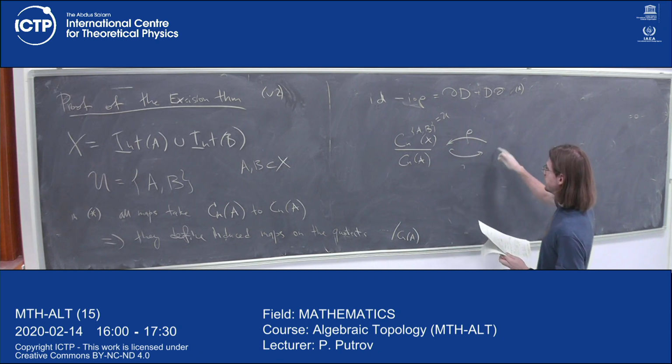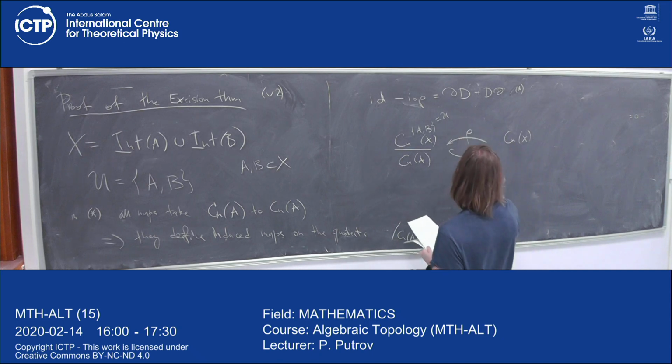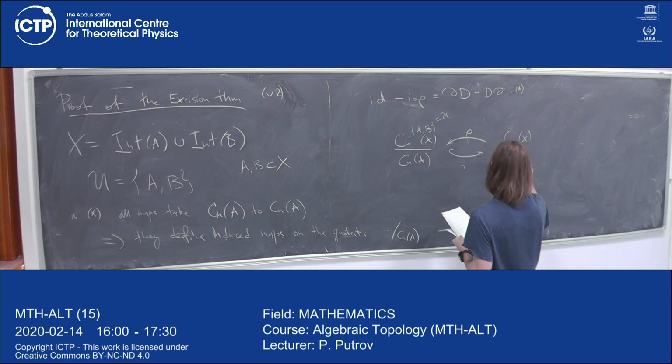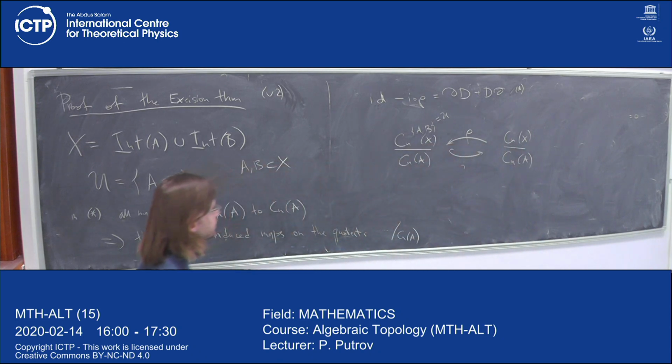I took it to Cn of X, and rho was a map back. So we can just define, now we divide both sides by Cn of A.